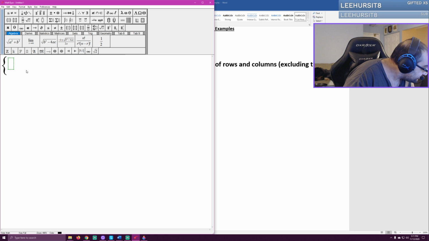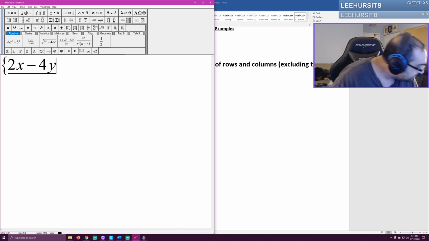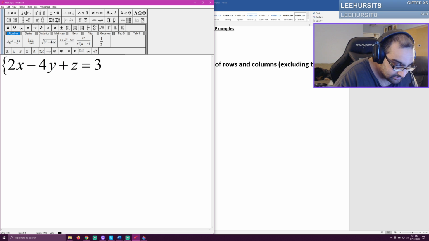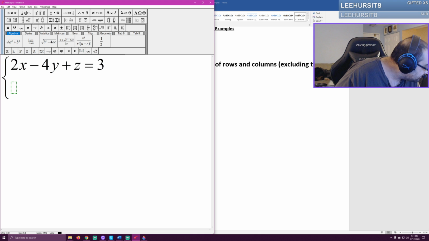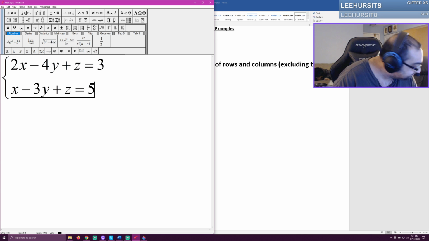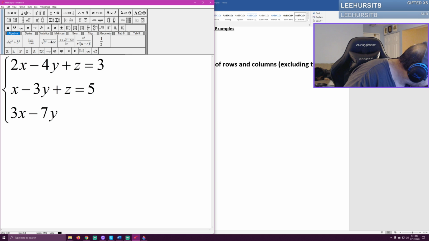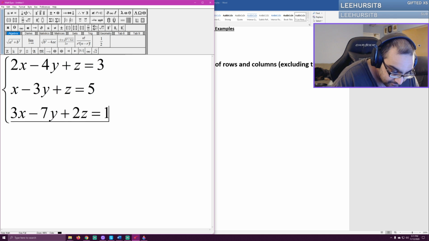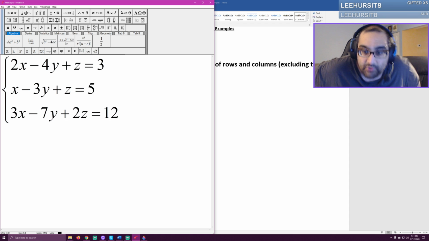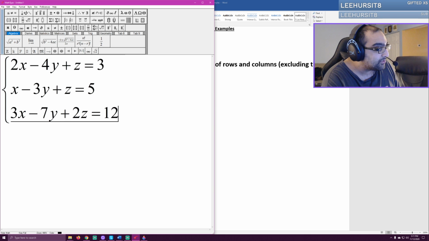Okay, so here are our 3 equations, 3 variables. So this will be a square matrix, of course.